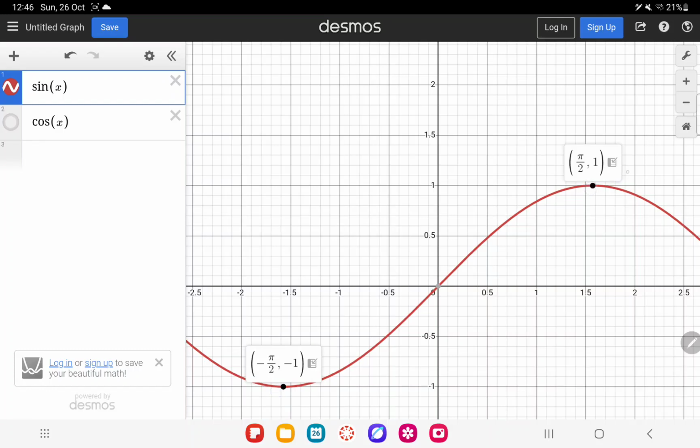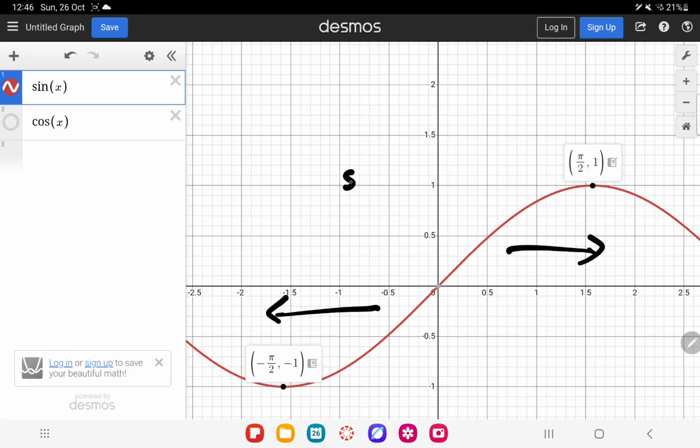When you compare these two points that I've selected on the graph, you can see you have a mirror image on each side of the y-axis.